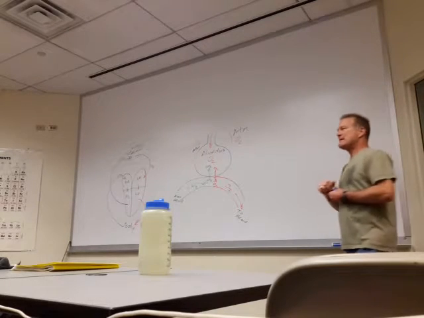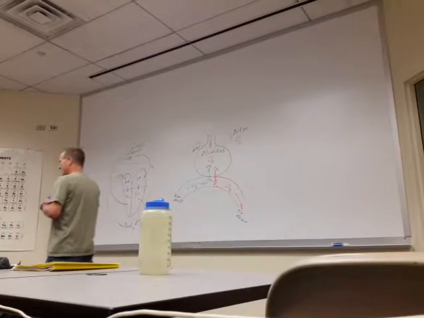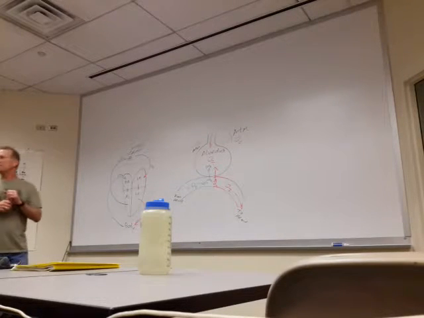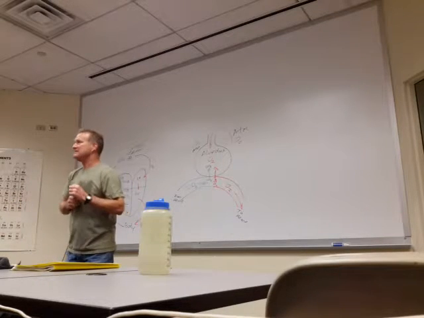So in terms of simple squamous, name two organs where we've seen simple squamous. Kidney and lungs. Name three structures where we've seen simple squamous. Alveoli, Bowman's capsule, glomerulus.